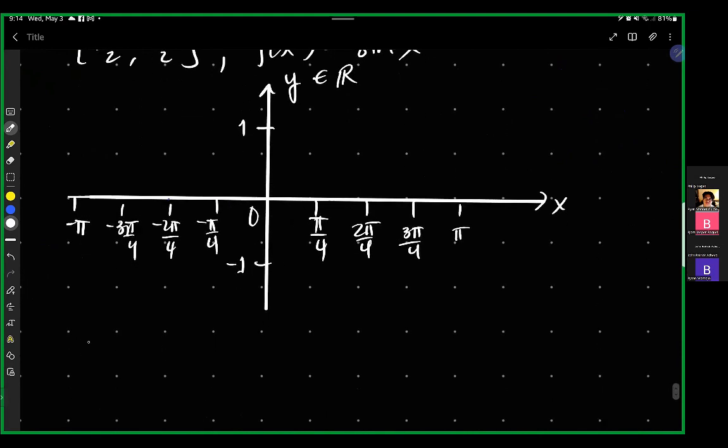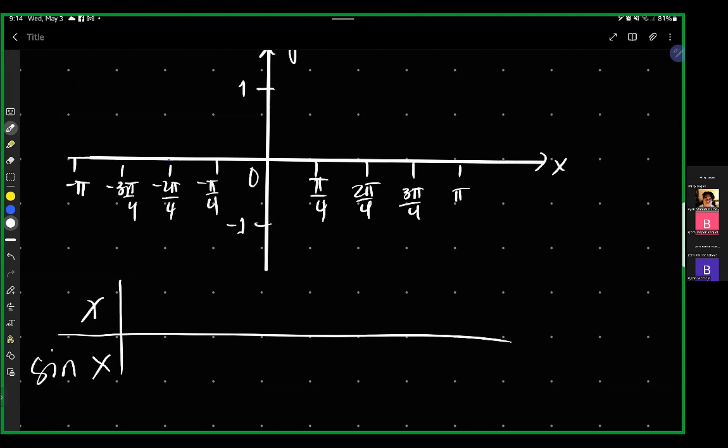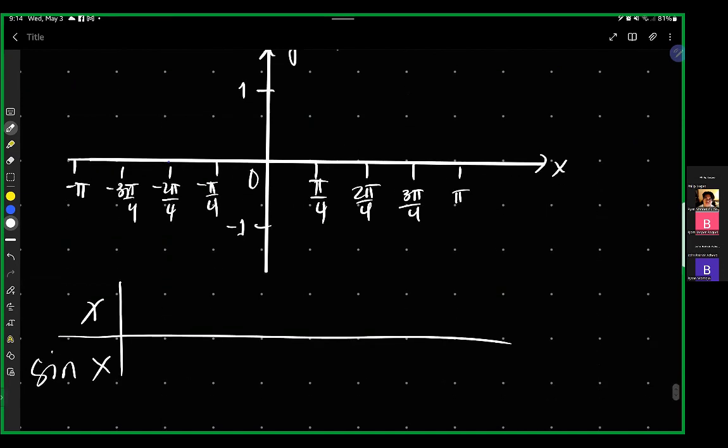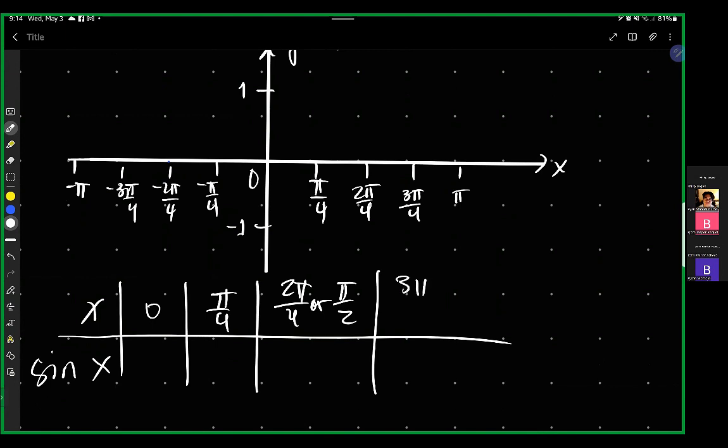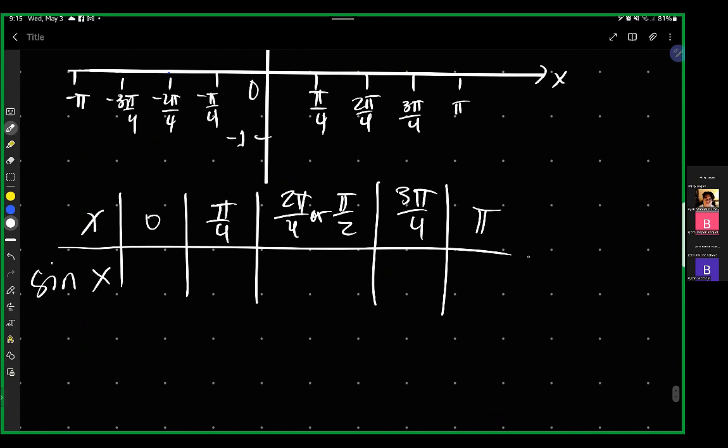We have x here, get a table of values, sine of x, and for the interval we start with 0: 0, pi over 4, 2 pi over 4, 3 pi over 4, and pi. You'll notice I didn't write the negatives.